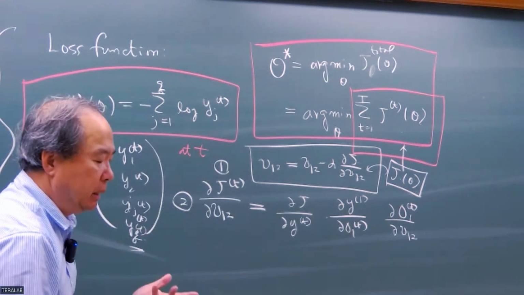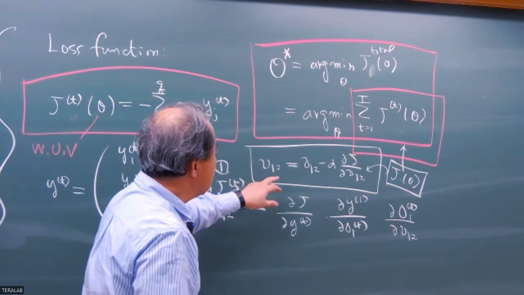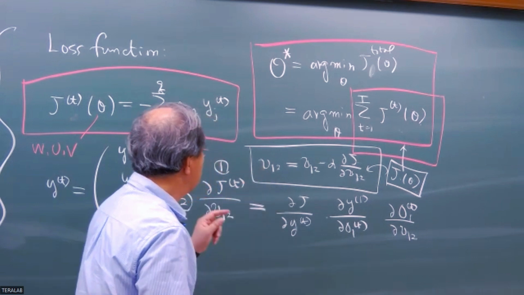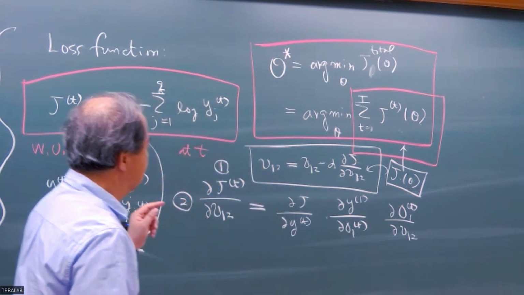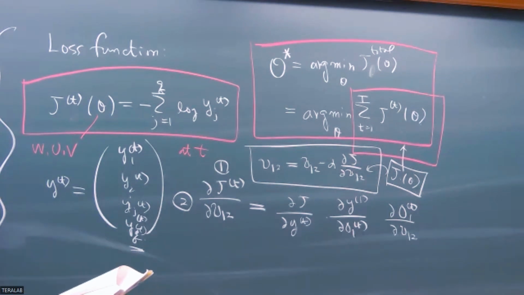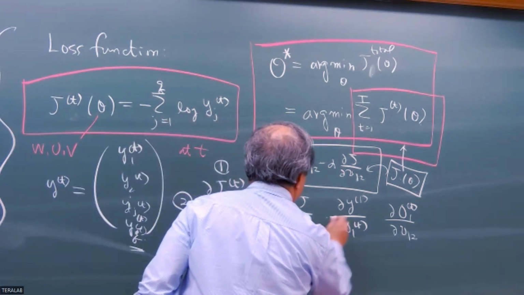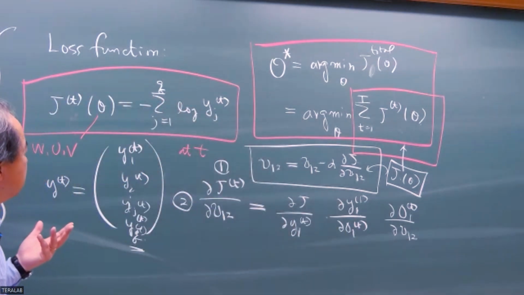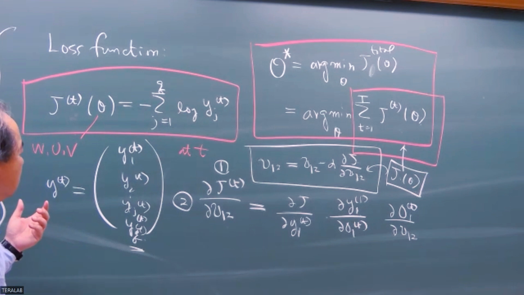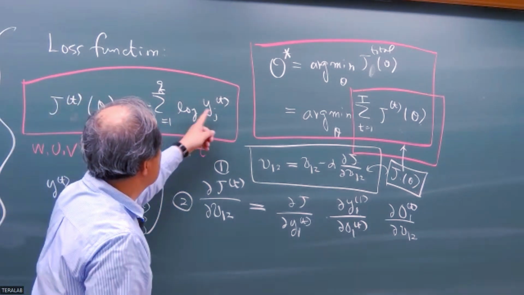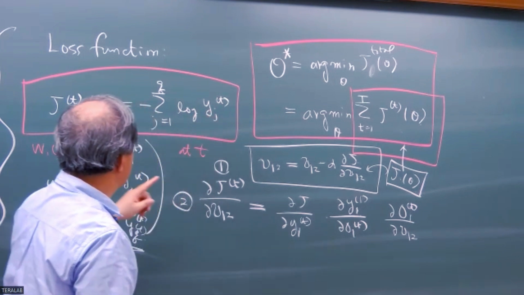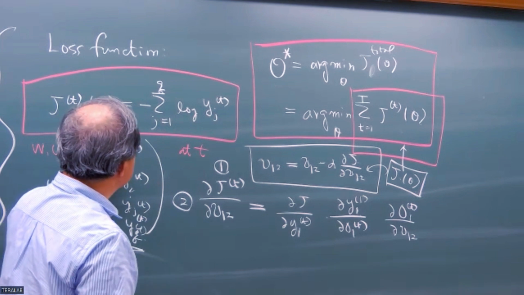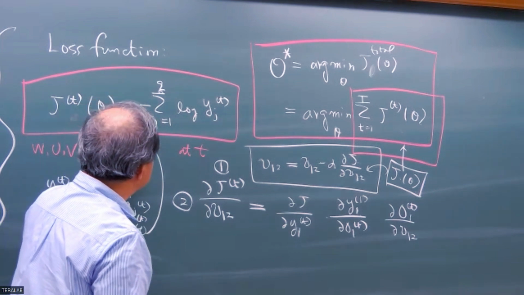In order to update V12, that is the connection between output 2 and Y1, I have to develop a function, because this loss function is log yj, and we have to obtain the relationship between the output and the log function.